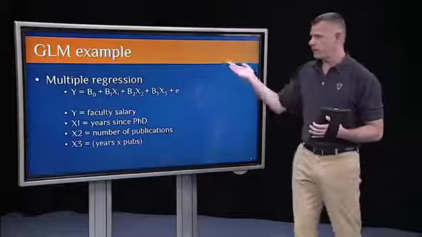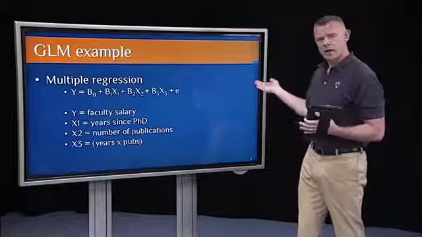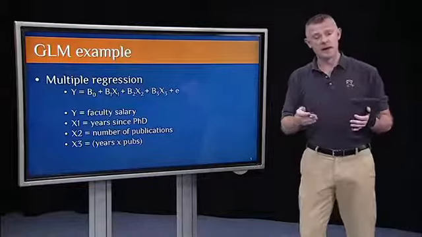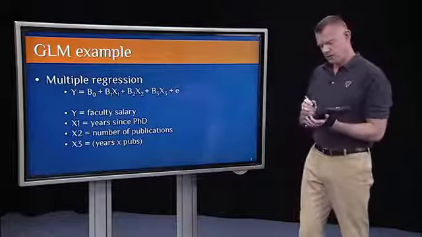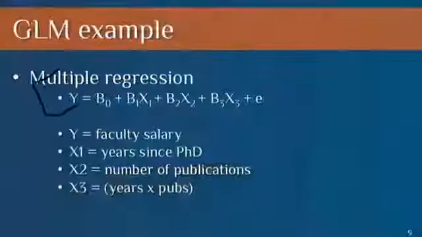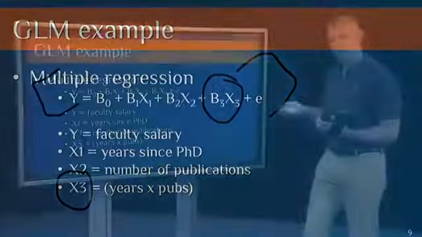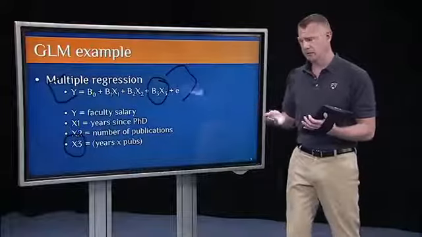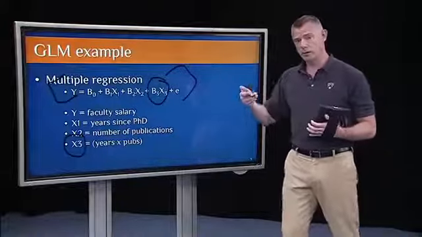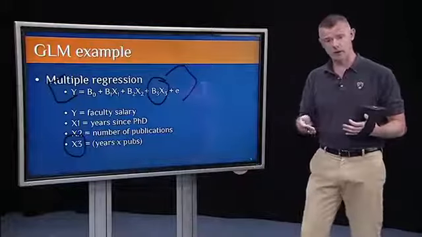This is a way that the GLM can handle testing non-additive effects. Notice the equation itself is still linear and additive, but I'm tricking it by throwing in X3, a non-additive effect. So that's how it accommodates these things, and that's what we're going to do next week when we talk about moderation analysis.